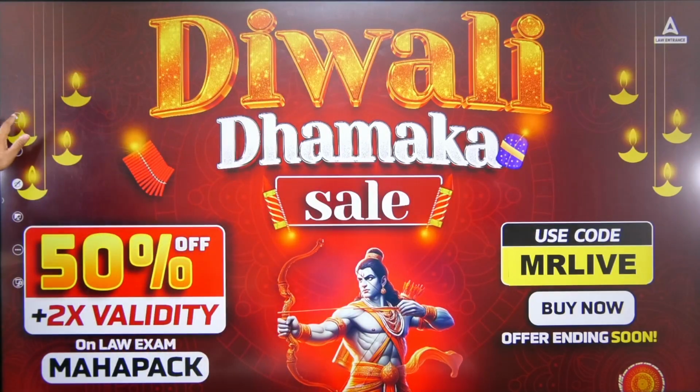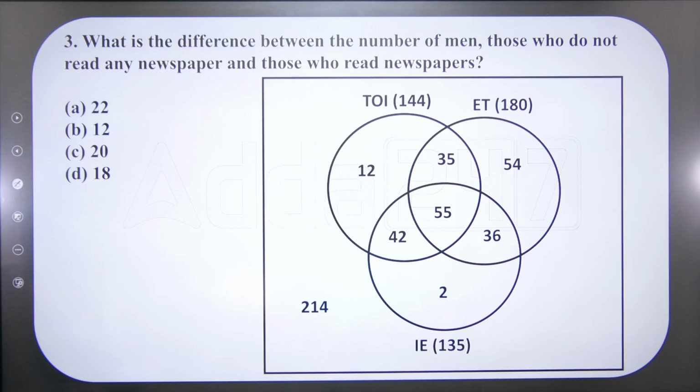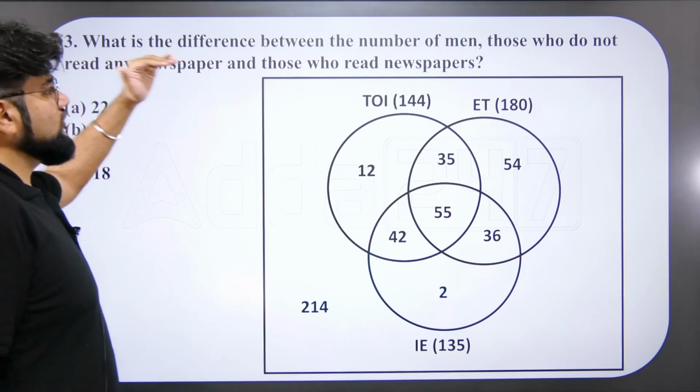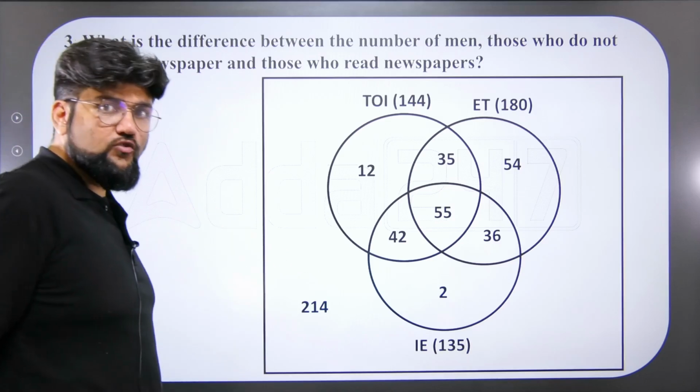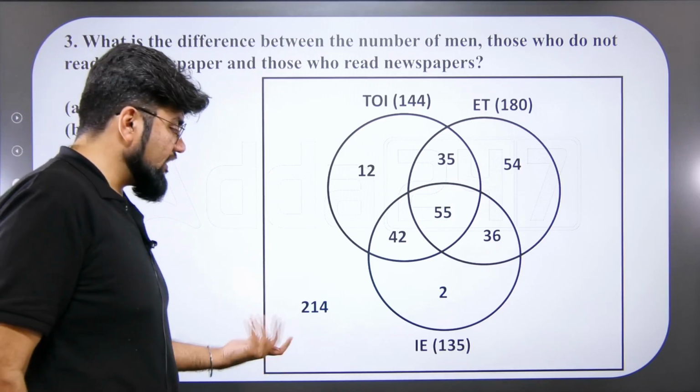Right? Now, let's look at this question now. Now the question is asking you, what is the difference between the number of men, those who do not read any newspaper, and those who read newspapers? Now, how do you know there is a set of people who do not read any newspapers?